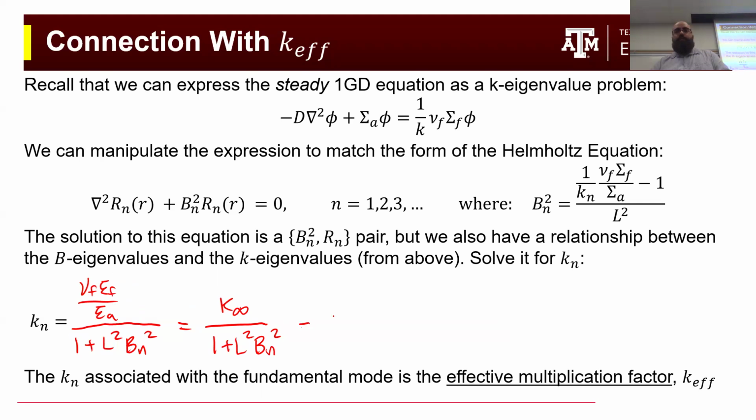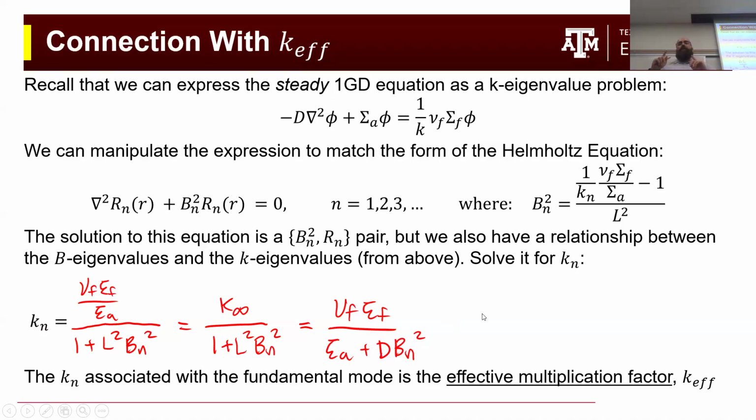So the other way that this could look is nu f sigma f over sigma a plus the diffusion coefficient times Bn squared. Those are the different ways that I could express this multiplication factor as an eigenvalue in terms of these other quantities, including the original eigenvalue of the Helmholtz problem.